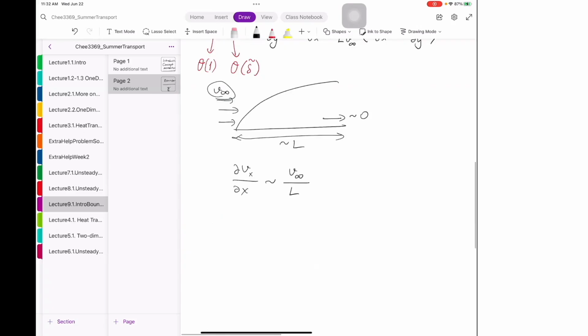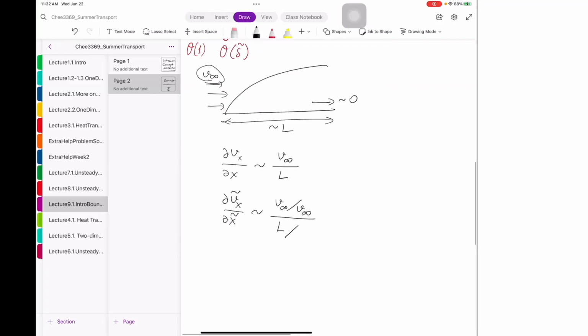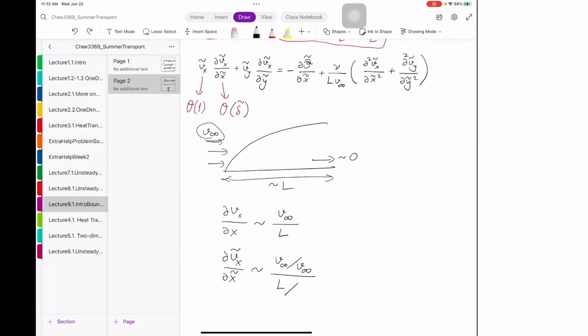Del Vx tilde over del x tilde, you basically divide this one by V infinity and this one by L. Okay, somehow I cannot recover the thing that I found yesterday. It takes L of a distance.